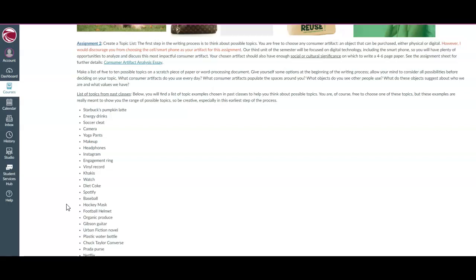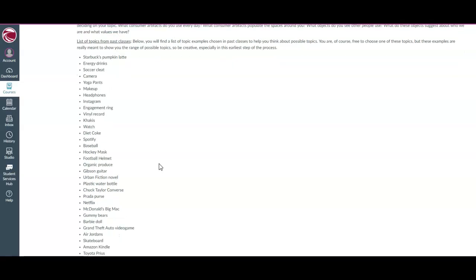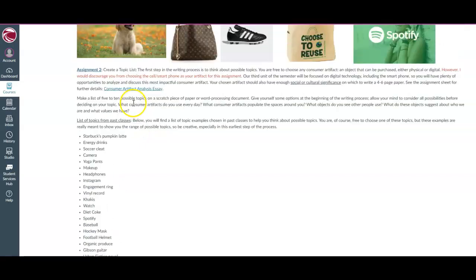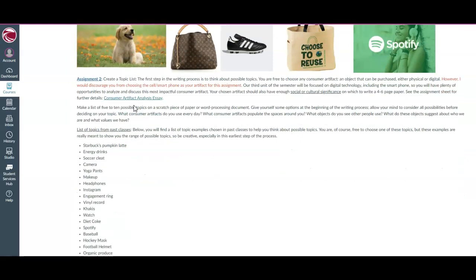So I have here a really long list of consumer artifacts that students in past classes have focused on to great effect. These all produced effective consumer artifact analysis essays. And so this long list, along with the series of pictures up here, is just to get your mind thinking about the possibilities.